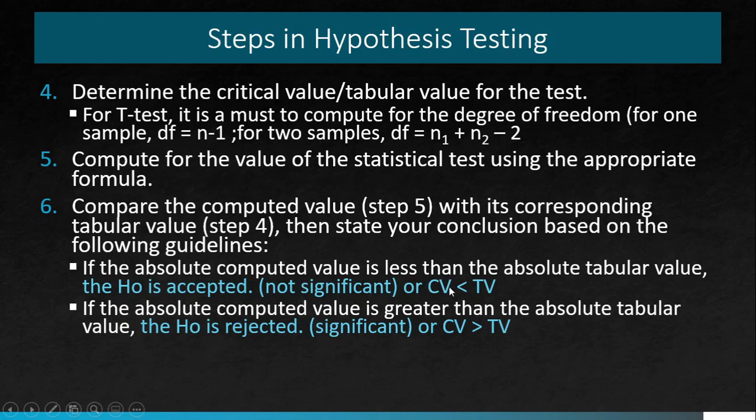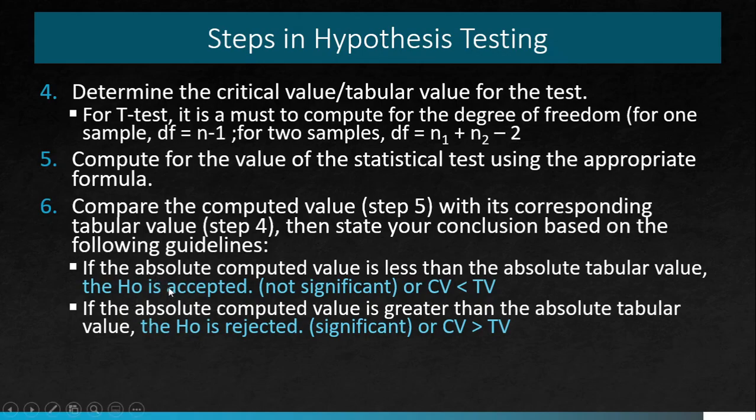If computed value is less than tabular value, then your answer is not significant. So meaning your research hypothesis, your alternative hypothesis will be rejected. Okay? And then you will now accept your null hypothesis.